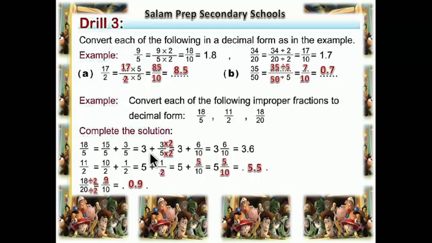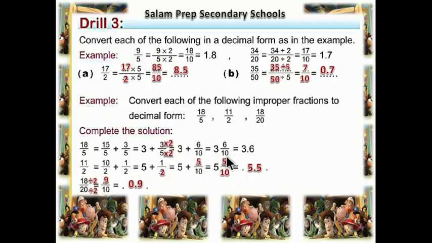To write the mixed number in the form of decimals, we need to make the denominator 5 become 10. So 5 times 2 equals 10. 3 times 2 equals 6. Now 3 plus 6 over 10 equals 3 and 6 over 10.